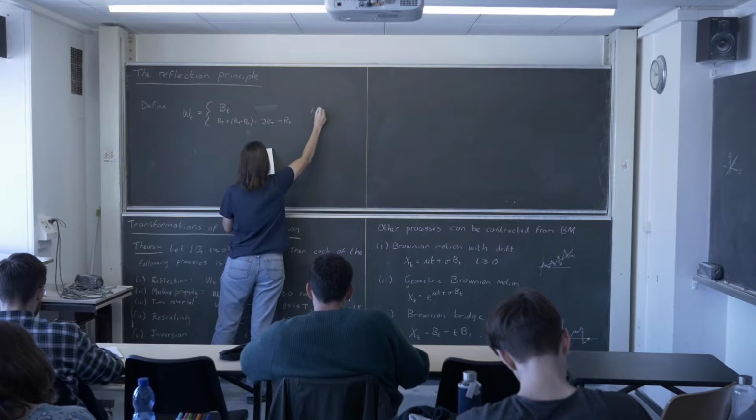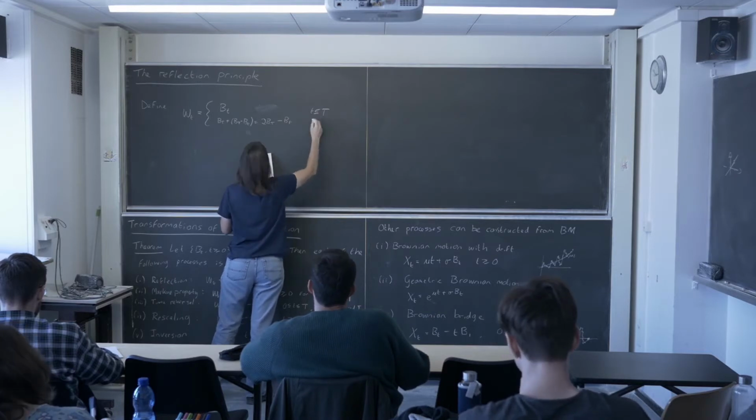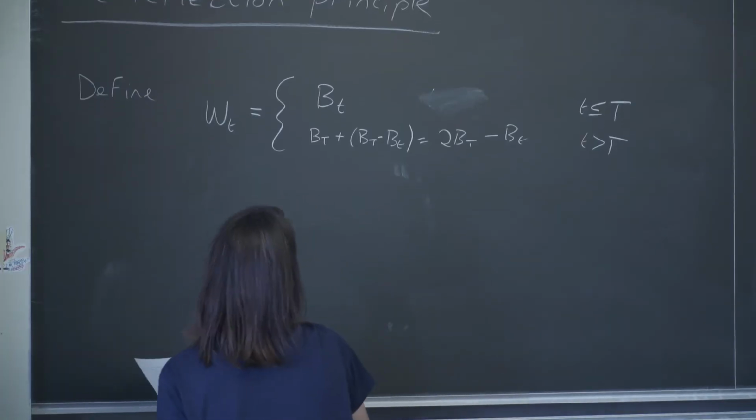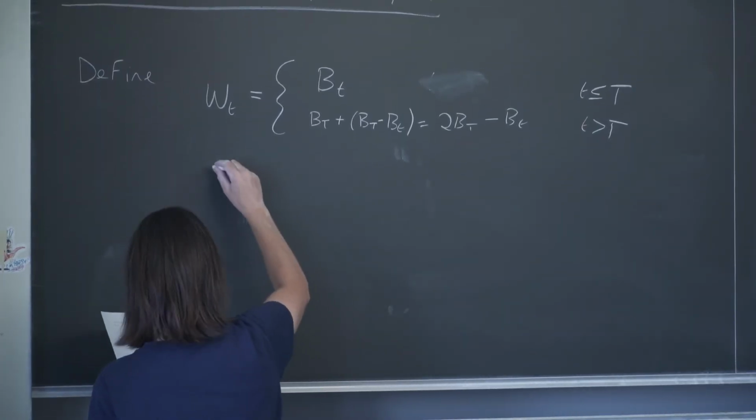So this is for t less than or equal to T, and this is for t greater than T. So let's just draw a picture to show you what I'm defining here.